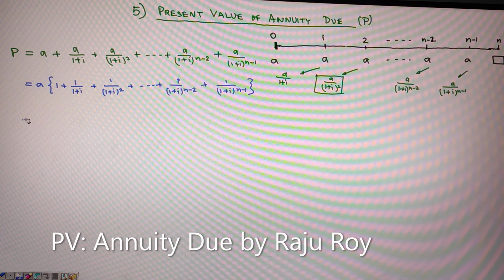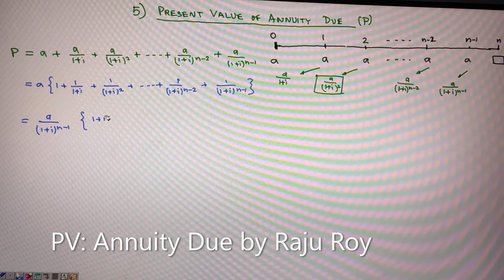Now I will take the LCM as (1 plus i) raised to the power n minus 1. The first term will give me (1 plus i) raised to the power n minus 1. The second term will give me (1 plus i) raised to the power n minus 2. The third term will give me (1 plus i) raised to the power n minus 3, and so on.